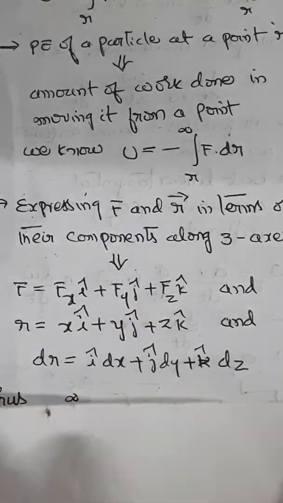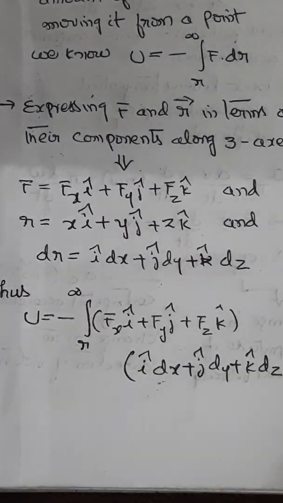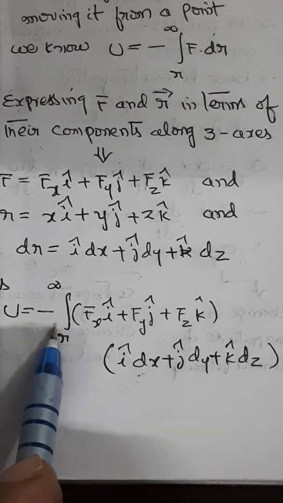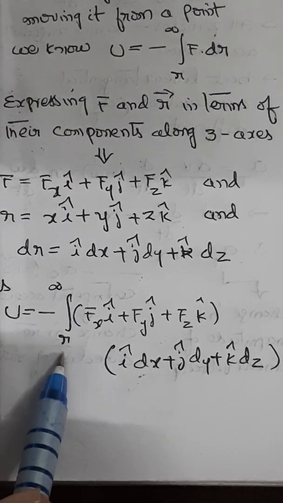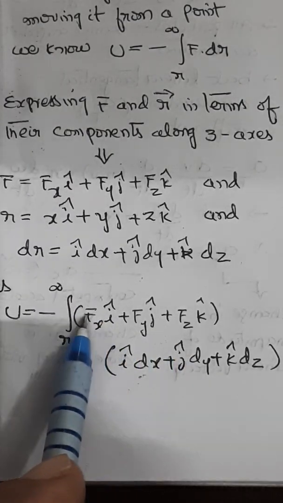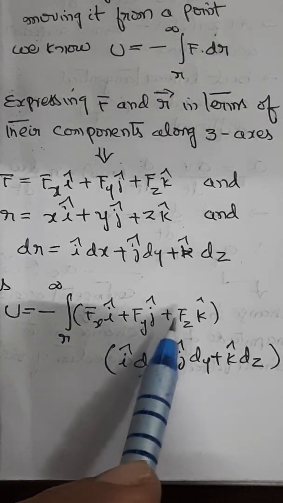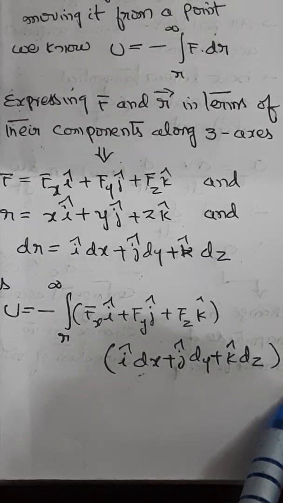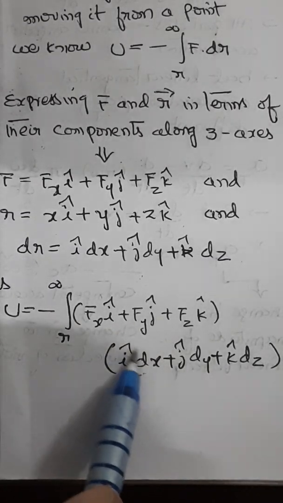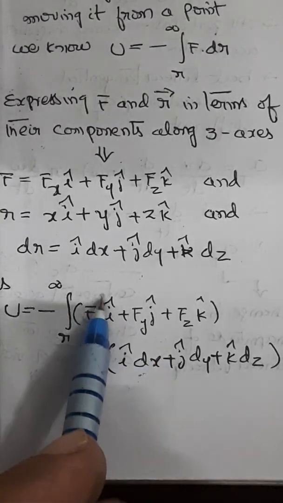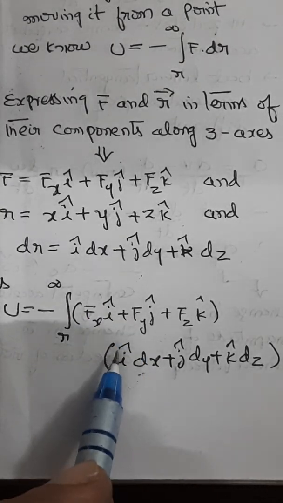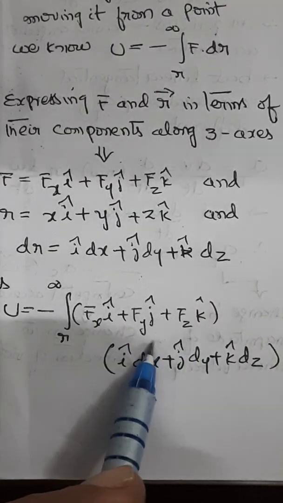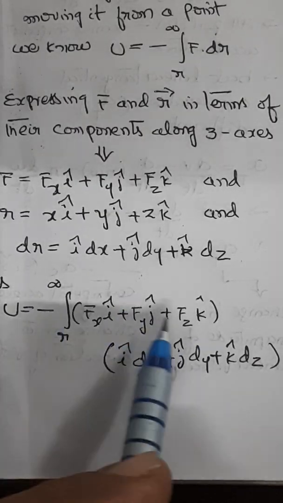So U will become something like this: U is equal to minus the integral from r to infinity of F dot dr, where F is Fx i plus Fy j plus Fz k, dotted with i dx plus j dy plus k dz. Now, it is a dot product, so you will have i dot i, j dot j, k dot k, and so on.